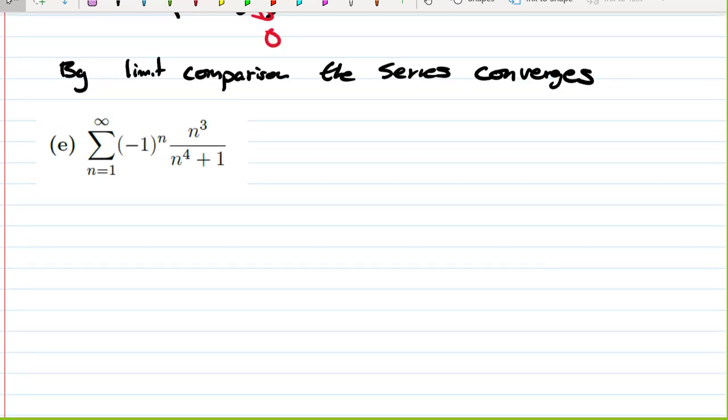All right, so this time we have the sum as n goes from 1 to infinity of (-1)^n times n cubed divided by n to the 4th plus 1. We want to determine if this series converges or diverges.